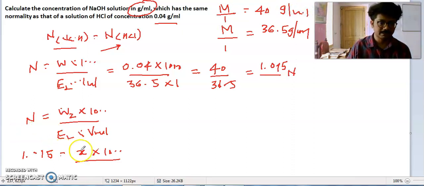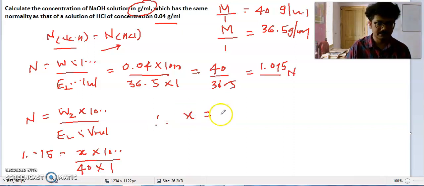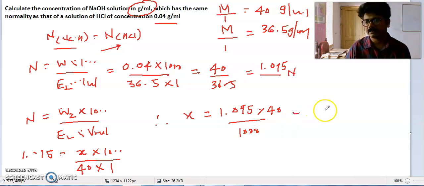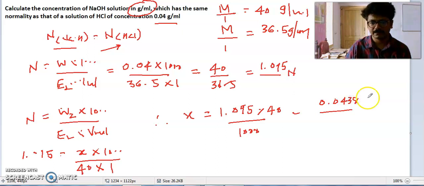So I am writing here 40 multiplied by V in ml, that is 1. When I make X, the mass, the subject of the formula, it comes 1.095 multiplied by 40 divided by 1000. When I do so, I get the answer, and the mass is 0.0438 gram.